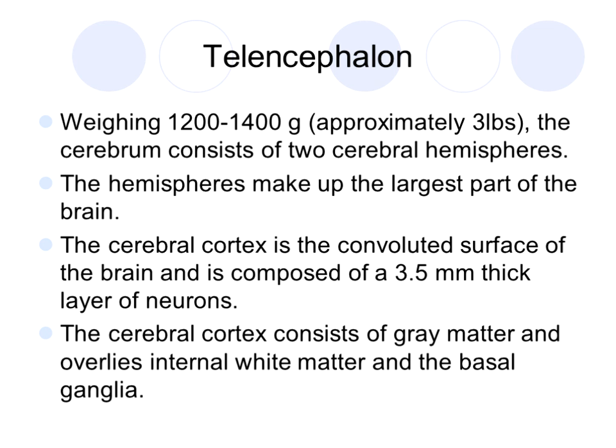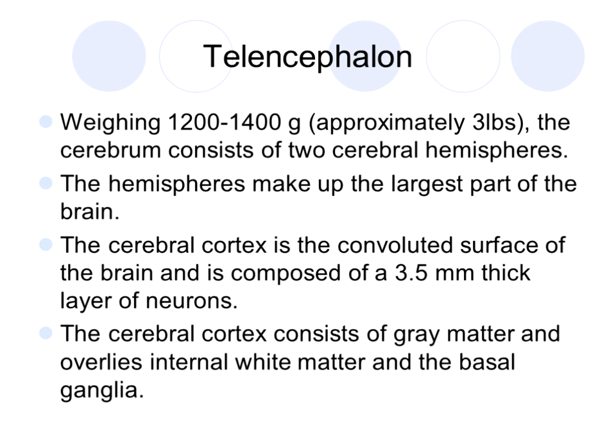The cerebral cortex consists of 2 cerebral hemispheres, and makes up the largest part of the brain. It has a convoluted surface, and is composed of 3.5 millimeter thick layers of neurons. So the surface is composed of neurons, and it is the gray matter.